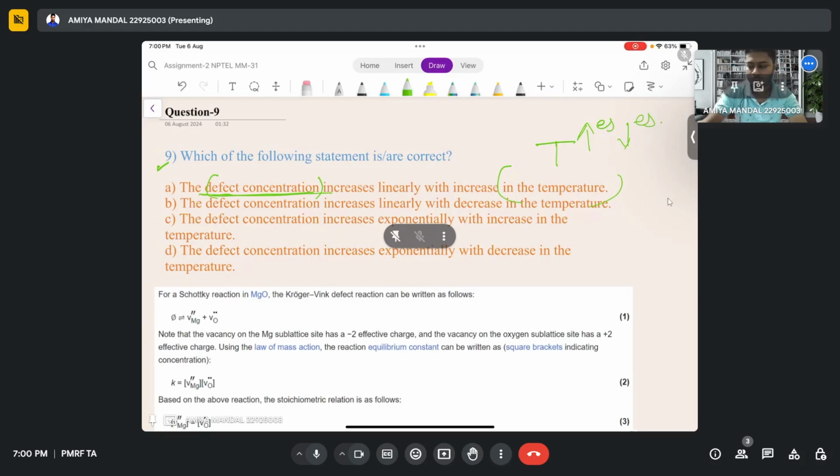Let's see if it is already visible. Question 9.